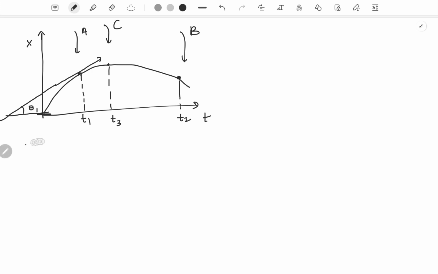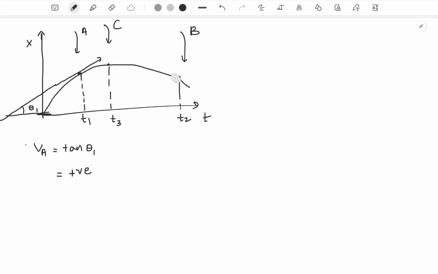Then the slope of that would be equal to the velocity of the particle at time t1. You see that theta 1 is acute, so tan theta 1 would be positive, which means the velocity would also be positive. Positive velocity indicates that it's moving along the positive x direction, or we can say that x keeps increasing. As you see in the graph, x is continuously increasing until time t3.